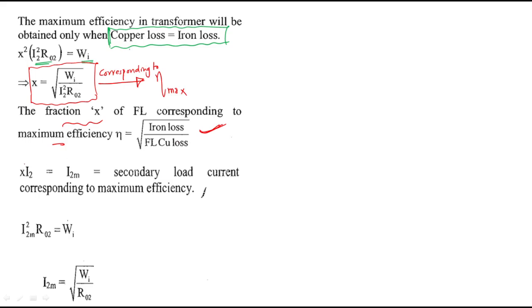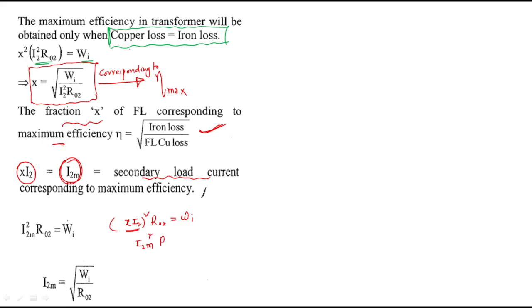We all know that XI2 is the secondary load current at different fractions. So let us take XI2 should be equal to I2M. XI2 should be taken as I2M. So from this we all know that XI2 whole square into R02 is equal to iron loss component, right? So in place of XI2 you have to put I2M.